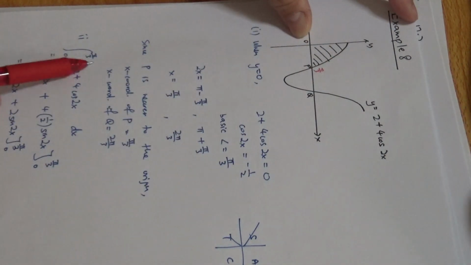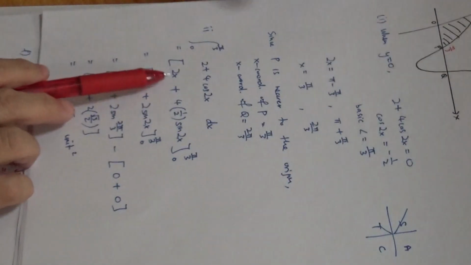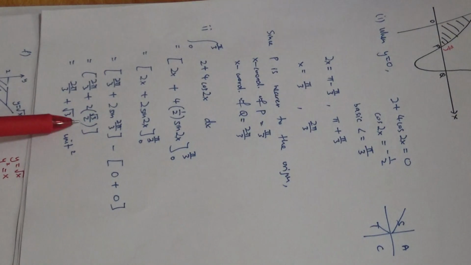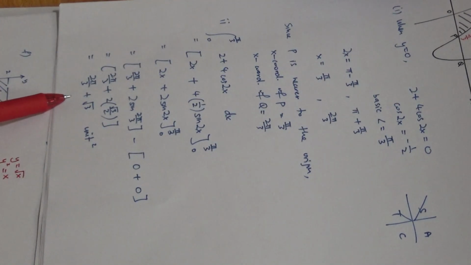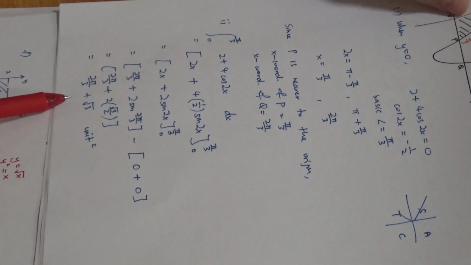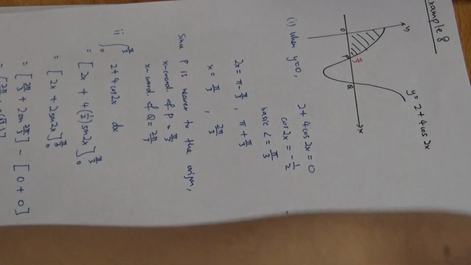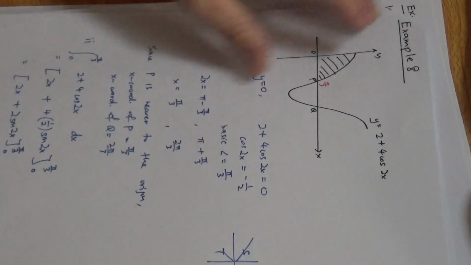So I integrate this particular function from 0 to pi over 3, dx. I substitute accordingly, and when I use the calculator I get this answer. Because the question wants it in terms of pi, this will be the final exact answer to part 2. Alright, so this is for example 8.